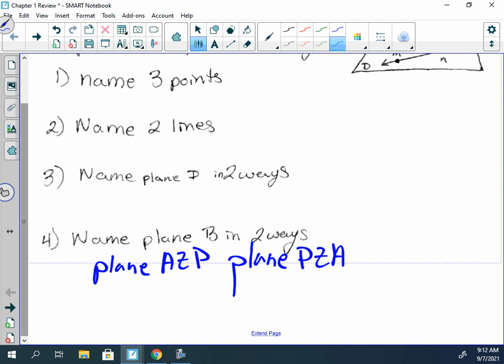Any combination of those 3, so we could say AZP, APZ, PZA, PAZ, ZAP, or ZPA. So there's 6 different ones that it could be. I just picked 2 out of the 6, so the ones on the back could be 2 of the others. 3 and 4 are mixed up on the back.